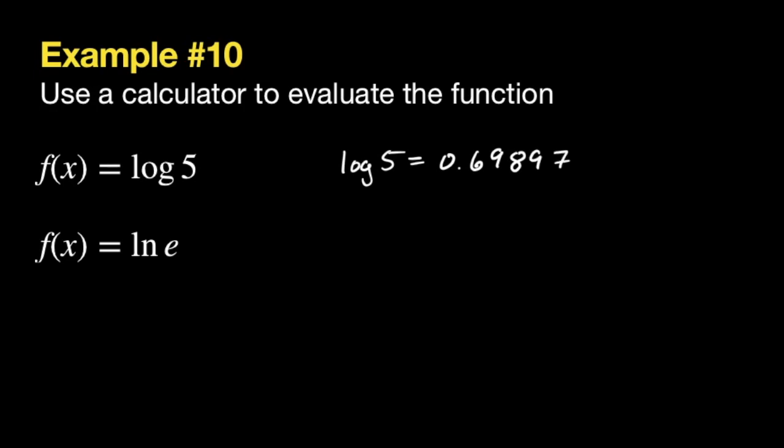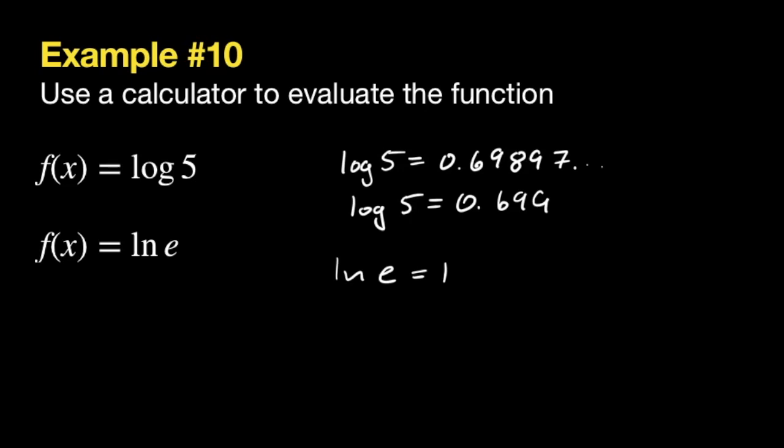For the most part, we are only just going to round to 3 decimal places. And then we're going to put ln e. And again, like we saw before, you get 1.